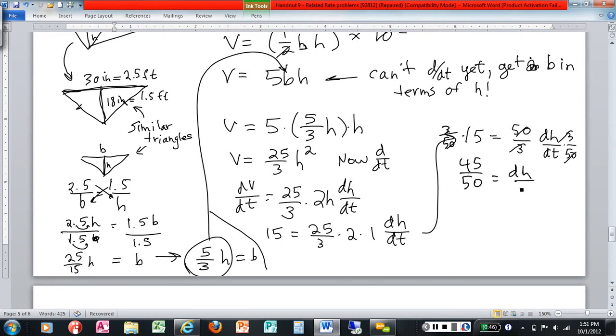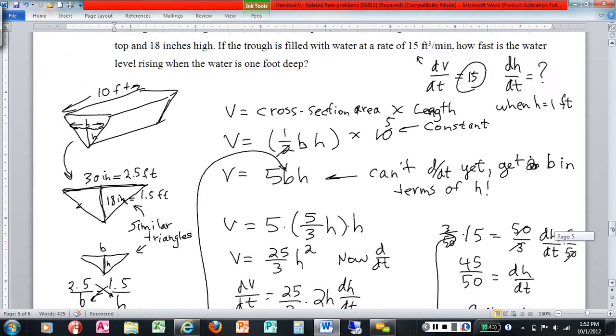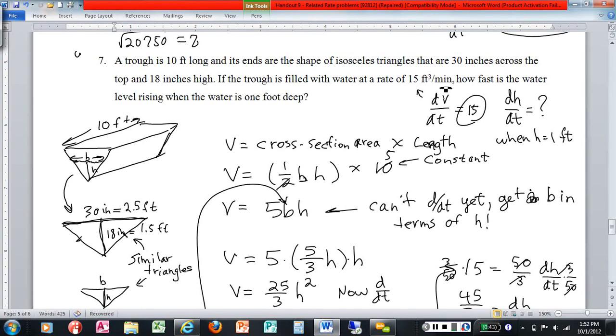And 45/50, if you reduce that by 5, is 9/10 equals dH/dt. And the units would be the height units, which are feet, over time units, which are minutes. So it's 9/10 feet per minute.